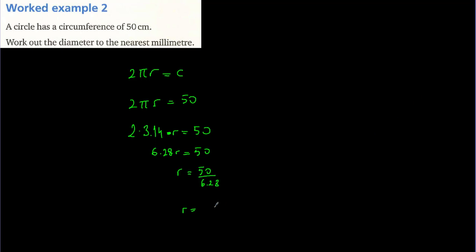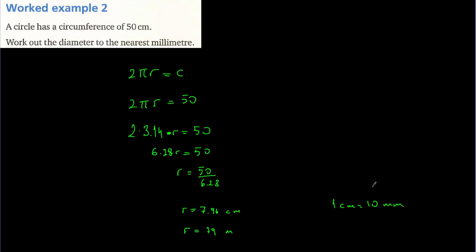7.96 centimeter. This is approximately, and to the nearest millimeter, it says 70 millimeter, no, 80 millimeter, the nearest one. It's going to be 79 millimeter, because 1 centimeter is 10 millimeter.